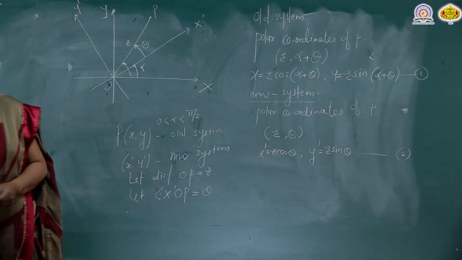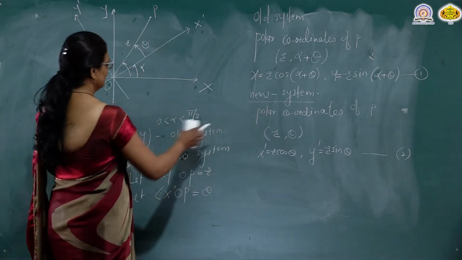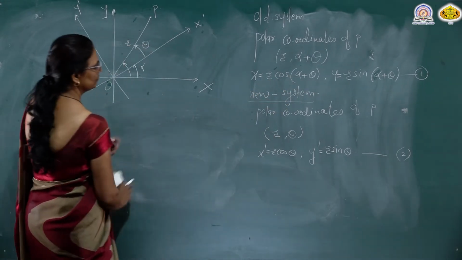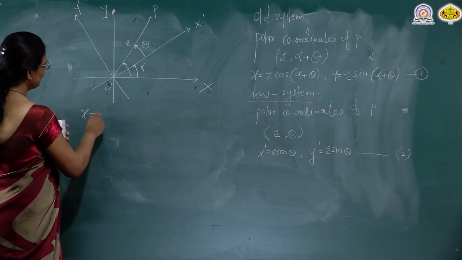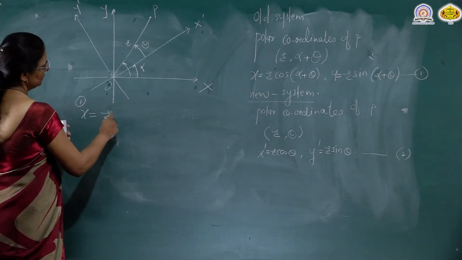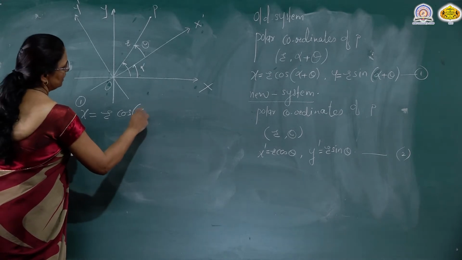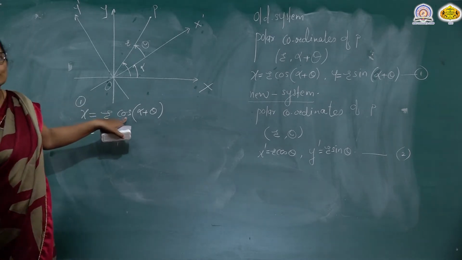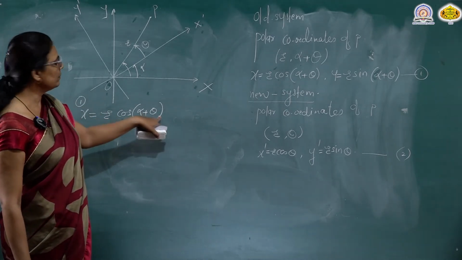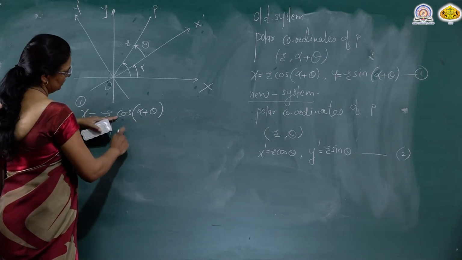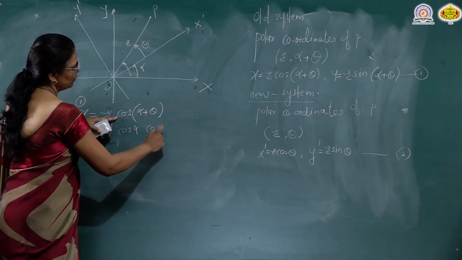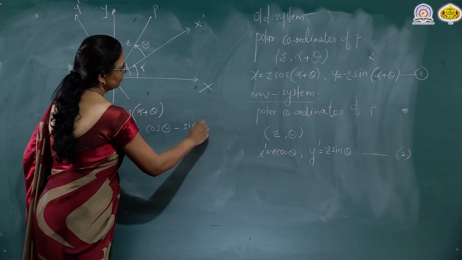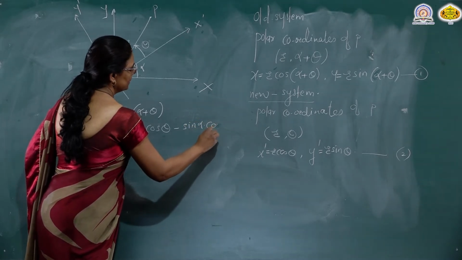For that, starting from equation 1, x equals r cos of alpha plus theta, which is the same as r times, using the formula for cos of alpha plus theta, cos alpha cos theta minus sin alpha sin theta.